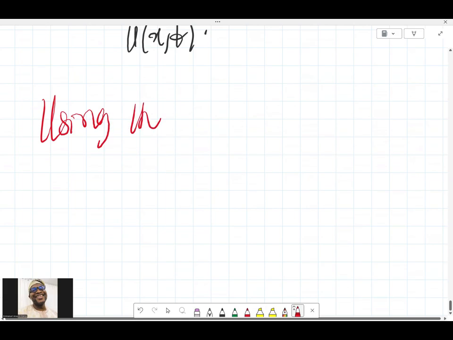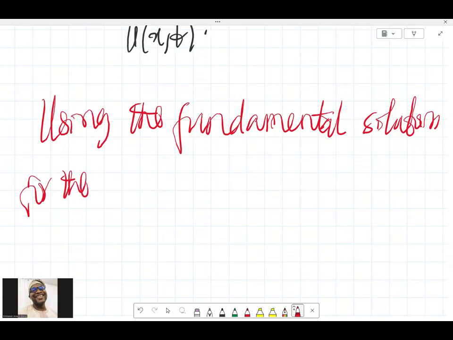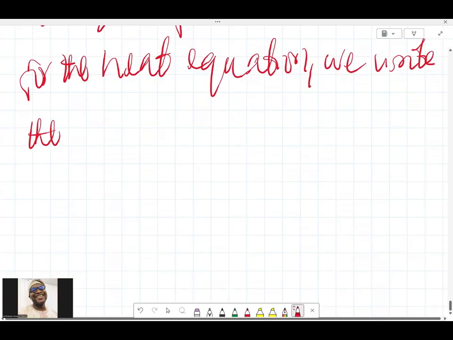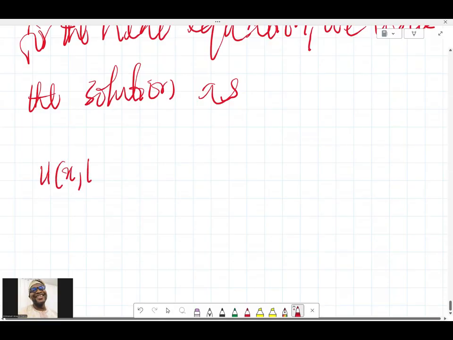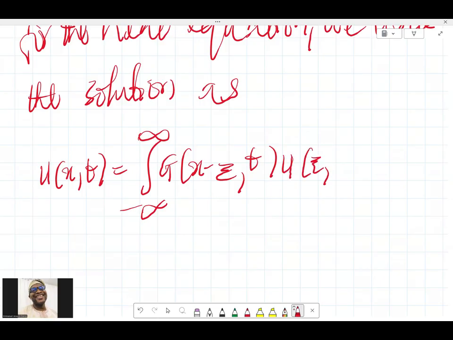So using the fundamental solution for the heat equation, we write the solution as u of x comma t equals the integral from minus infinity to infinity of g of x minus psi comma t times u of psi comma 0 d psi.